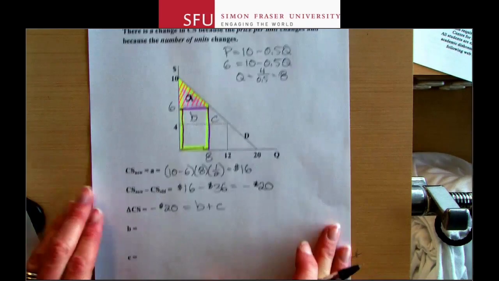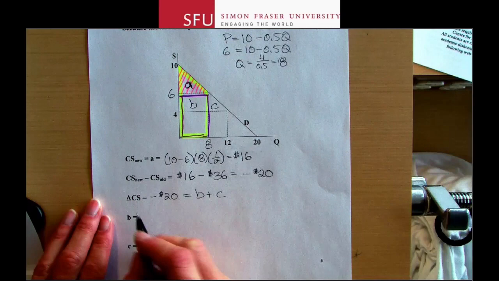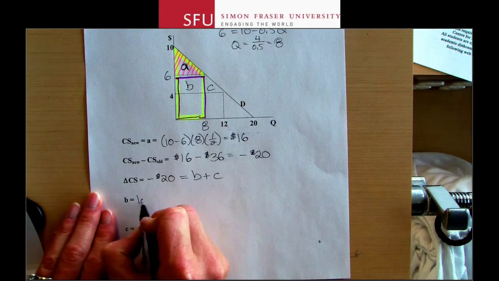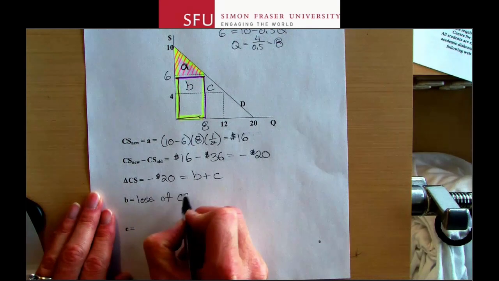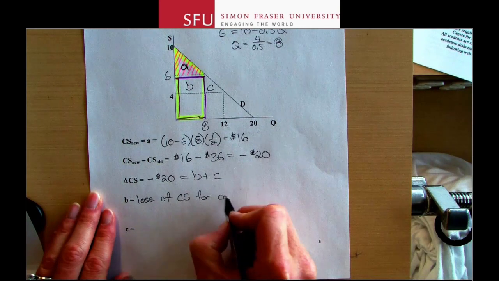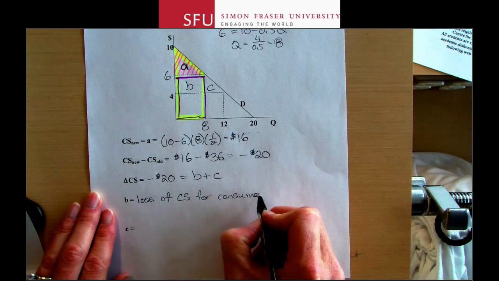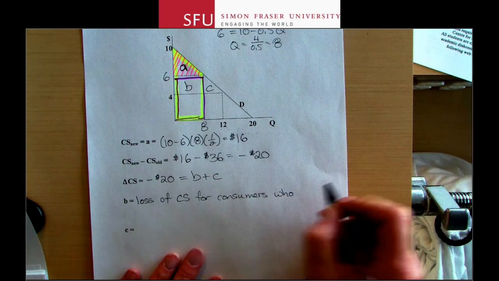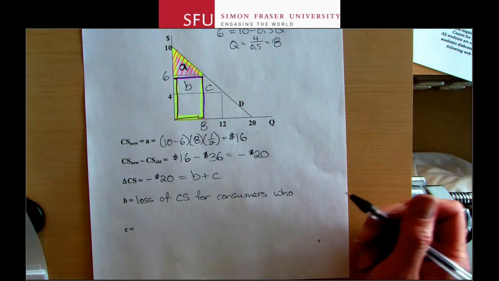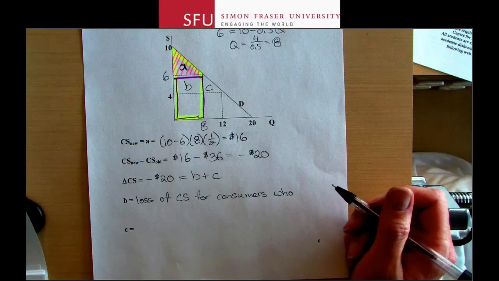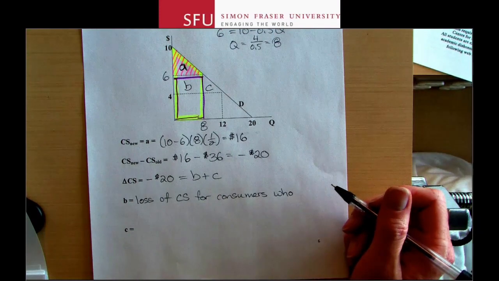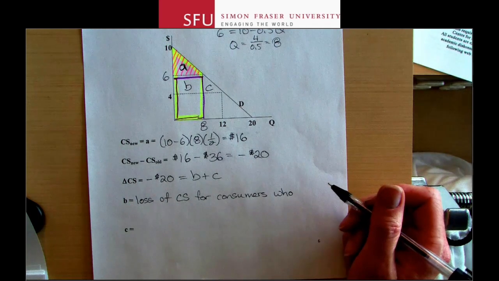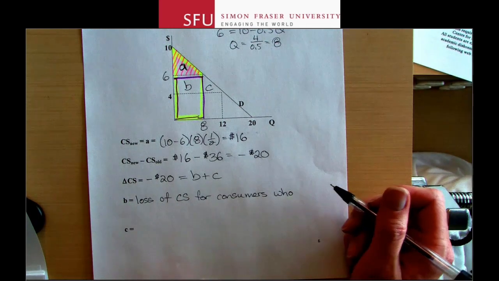Okay, so first here, for area B, this is the loss of surplus. So the loss of consumer surplus for consumers who still buy the good. The proper way to say that is that they remain in the market. They still buy the good. It's just that now they have to pay more for it.